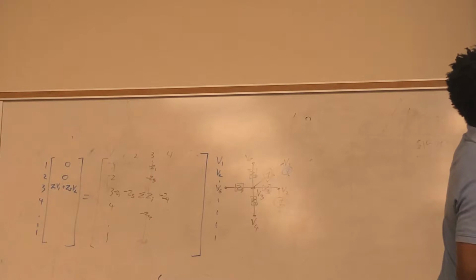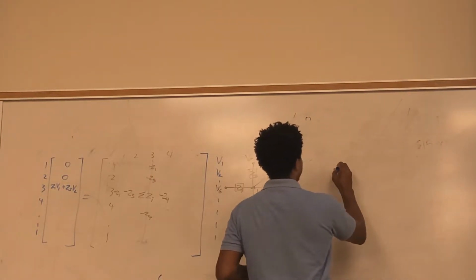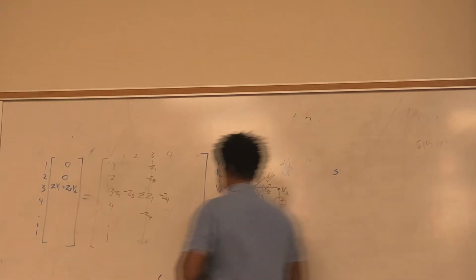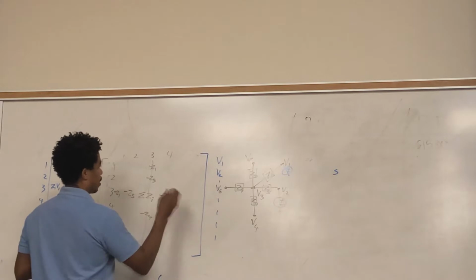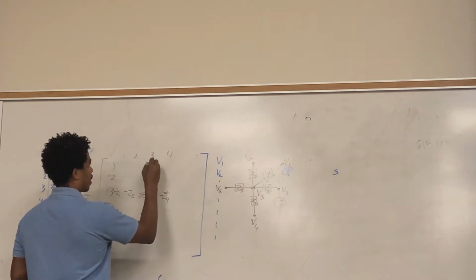So if we did the top row, that's, oh wait, I'm sorry. These right here are conductances, not impedances. So everything is 1 over. Sorry about that.